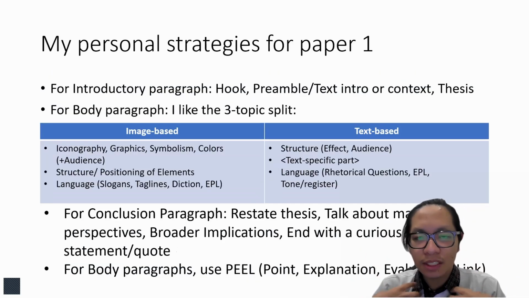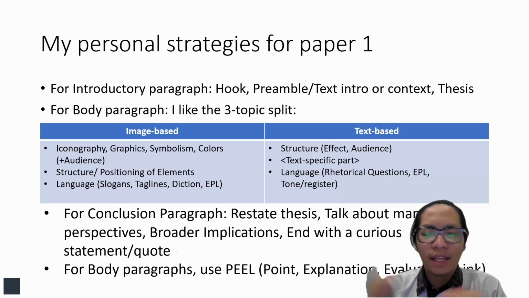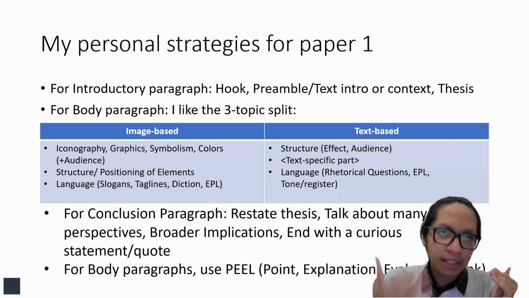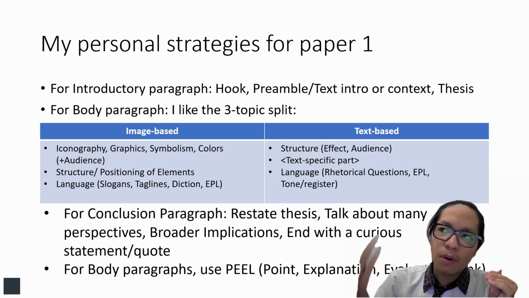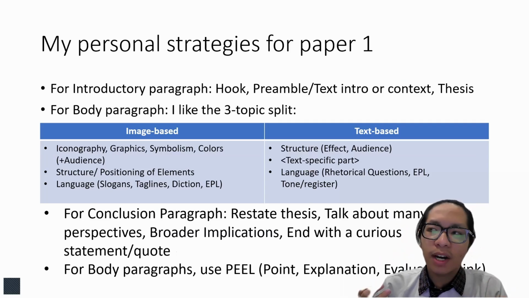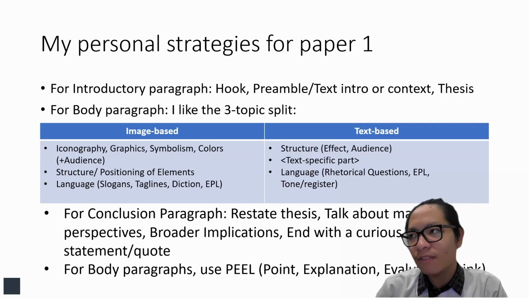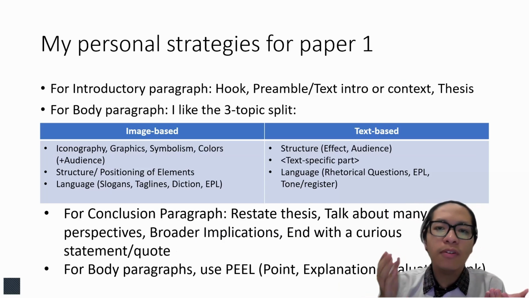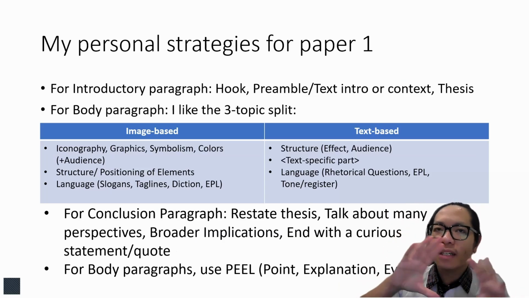These are my personal strategies for paper one because I was looking for different ways to unify a method for answering every single kind of paper one you'll ever find using a very linearized structure. I forgot to mention that for SL students, you only need to choose one of the paper one texts that exist.